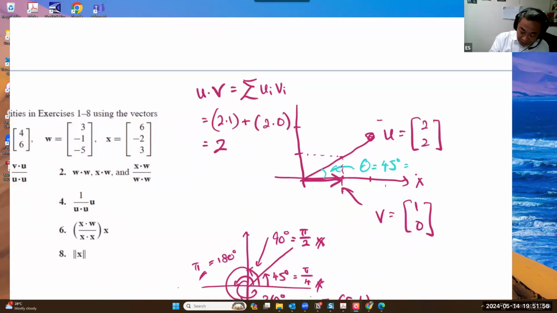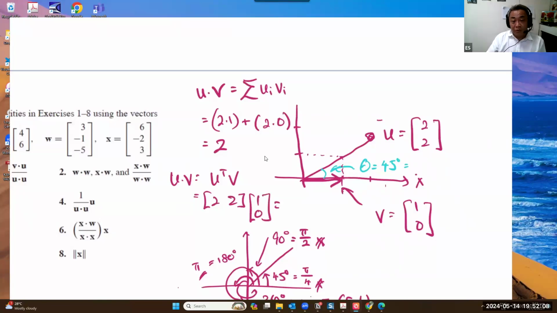Let's try the other method, which is U dot V is equal to U transpose V. So U transpose is (2, 2) multiplied by (1, 0). Again, you take the first row, multiply by the first column, then you get 2 also.